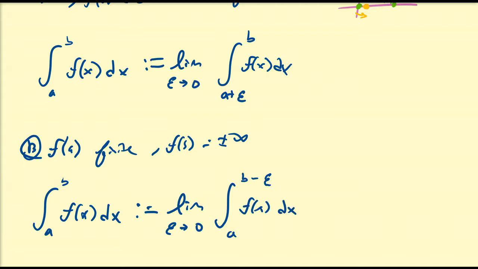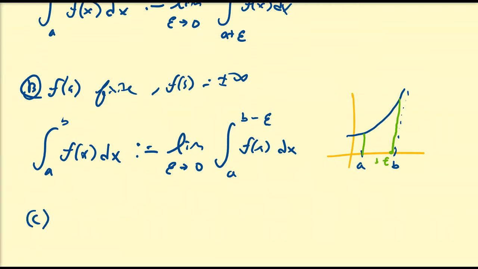So here we have a finite curve, but a vertical asymptote at b. We choose a definite integral on the interval a to b minus epsilon, and then make epsilon arbitrarily close to 0 to see if it converges or not.